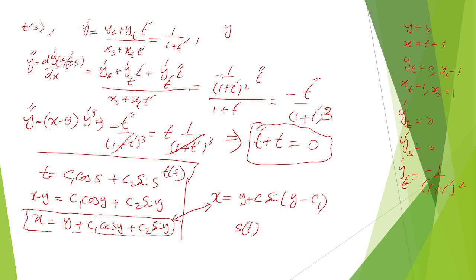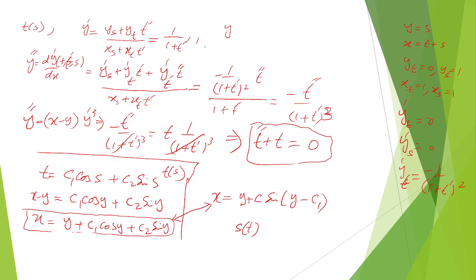It is T depending on S because it gives me a linear differential equation. This choice gives me a non-linear, soluble equation, and this gives me a linear one.